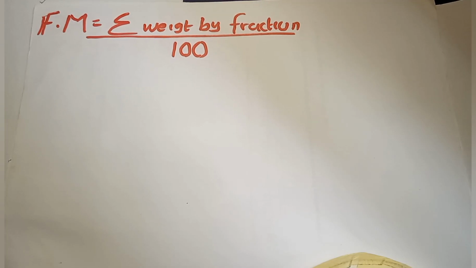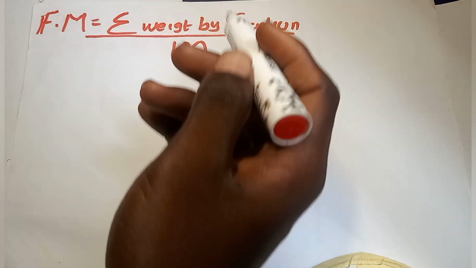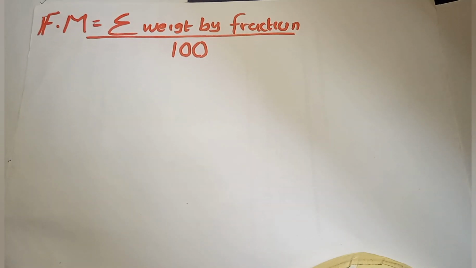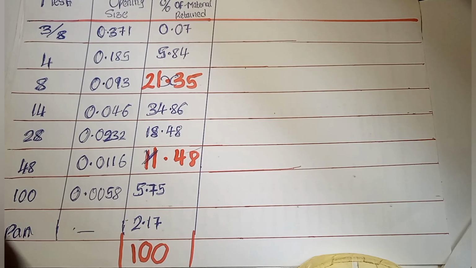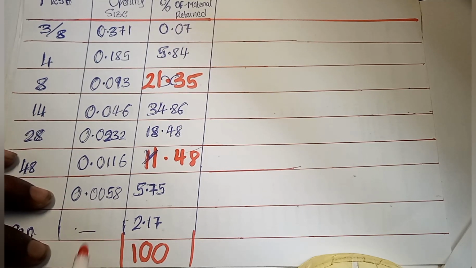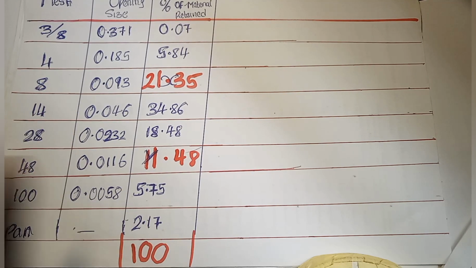This is the formula for calculating fineness modulus: sum of the weight by fraction all over 100. To get the sum, let's go back to our table. This is our table now.